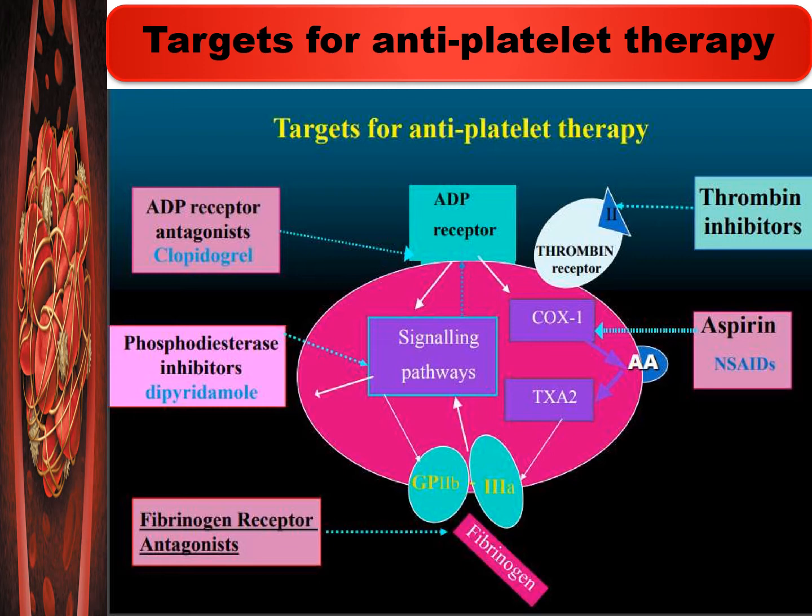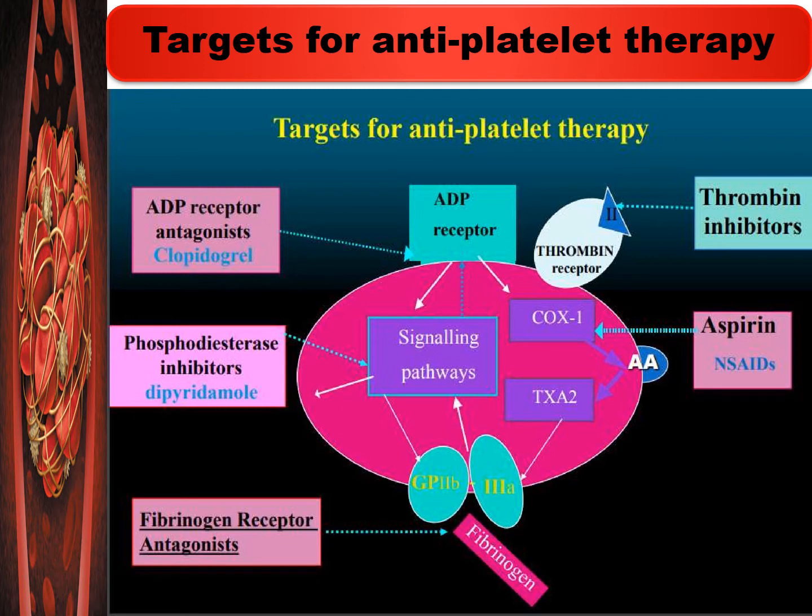On the other hand, aspirin, a non-steroidal anti-inflammatory drug, inhibits cyclooxygenase 1, which further inhibits the production of thromboxane A2, which helps in the conformational change of the GP receptors or the glycoprotein integrins.